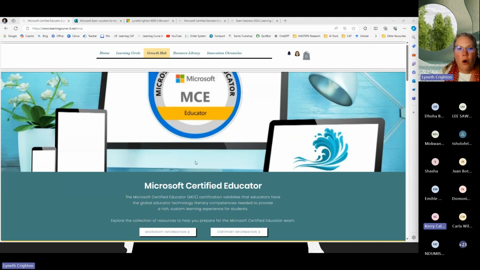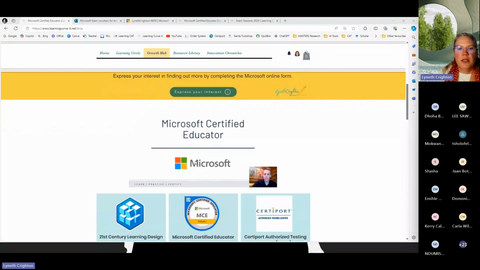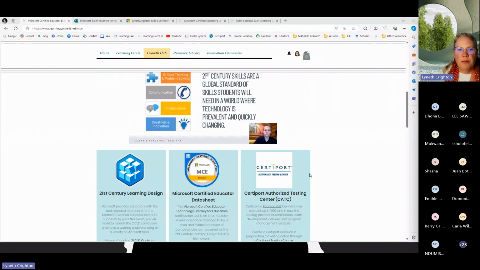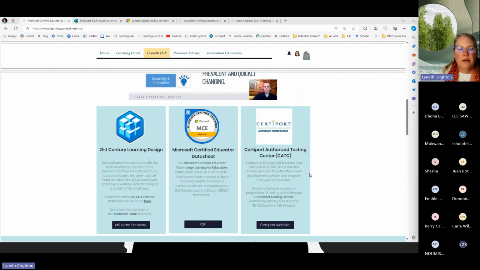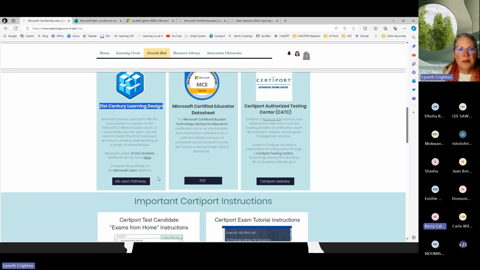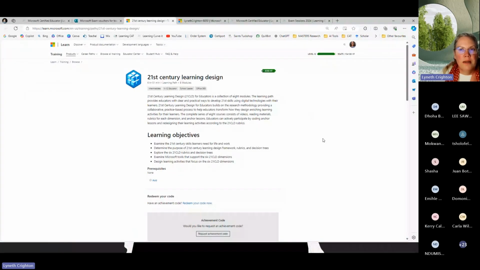So all the information is on this website. The course is based on this 21st century learning design framework designed by Microsoft. If you follow the link from the website, it will take you to the course in Microsoft's Learn platform.